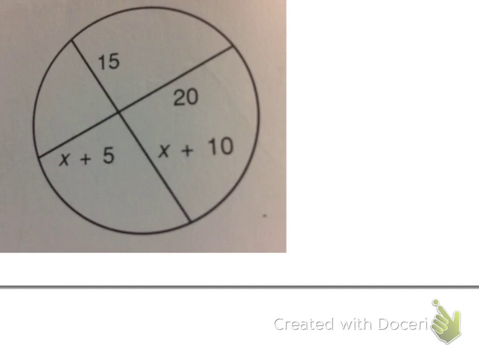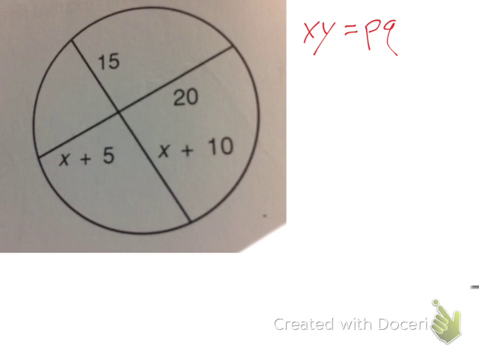If we use the letters from the example that we had, it would be x, y equals PQ. Sometimes some people put it as AB equals CD. Well, what did that stand for, guys?